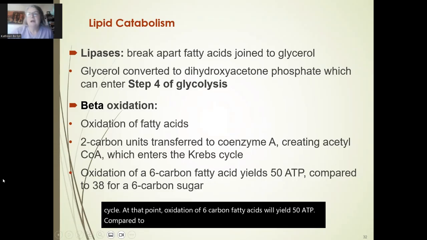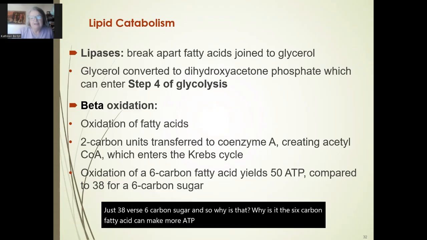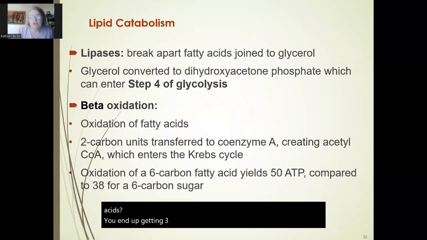compared to just 38 for 6 carbon sugar. And so why is that? Why is it that a 6 carbon fatty acid can make more ATP than a 6 carbon sugar? And the reason is due to the fact that the acetyl-CoA molecules produced from fatty acids, you end up getting 3 acetyl-CoAs per 6 carbon molecule, instead of just the 2 that we get with glucose breakdown.